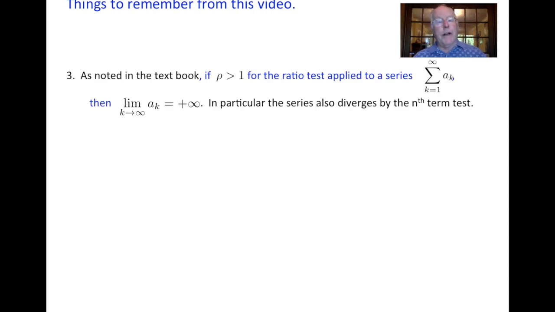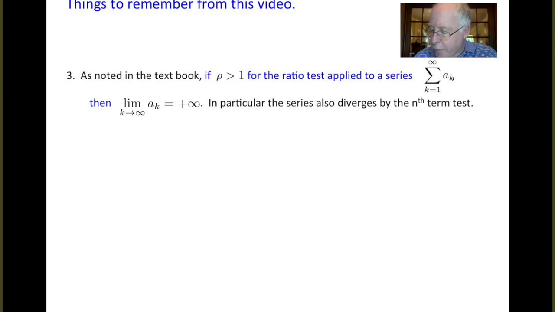And then finally, we didn't discuss it in this video, but noted in the book, and this is very important, we'll use this a lot in the power series and Taylor series chapters: if rho is bigger than 1 in the ratio test, then of course, again, we know this series diverges.